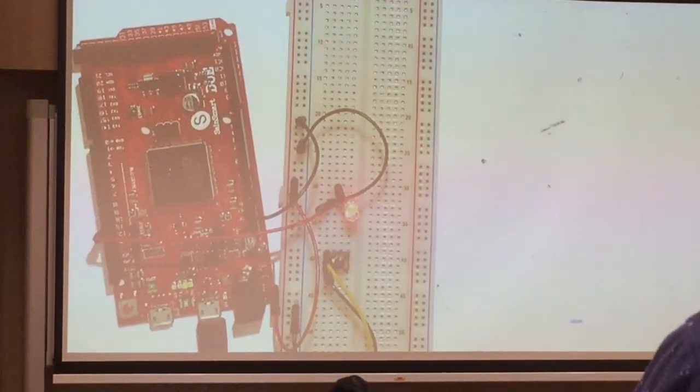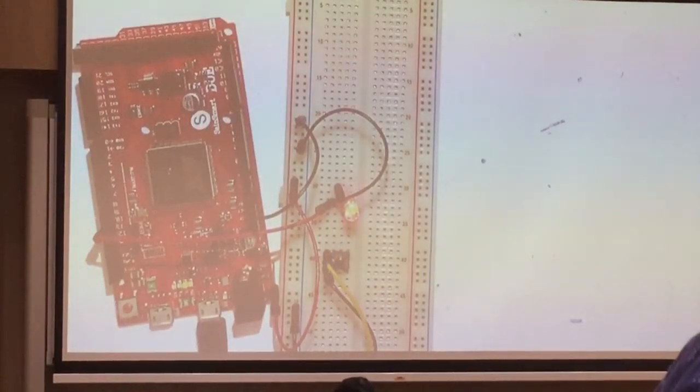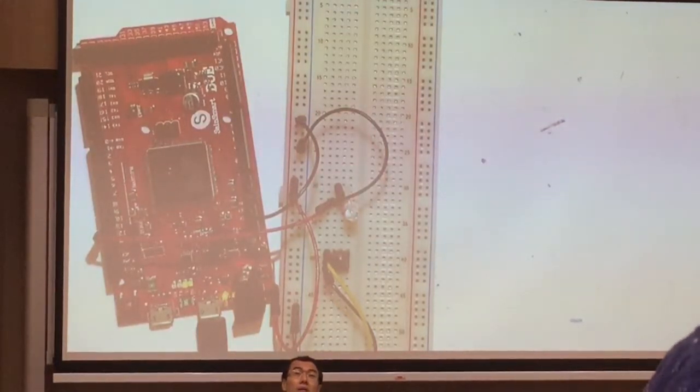Next, I increase my duty cycle to 90%. You can see some change in the light intensity.